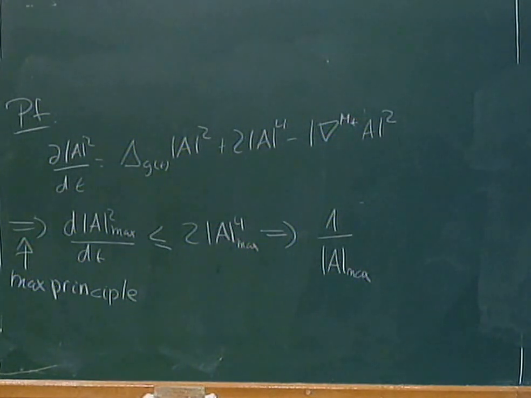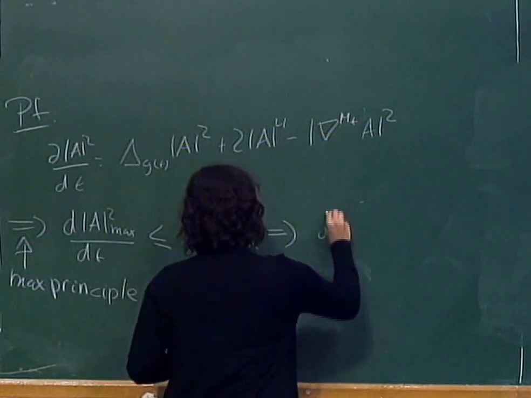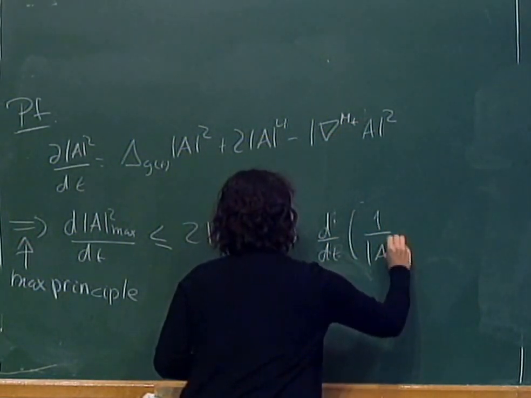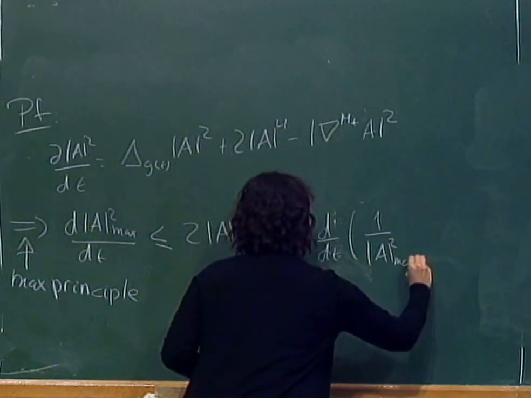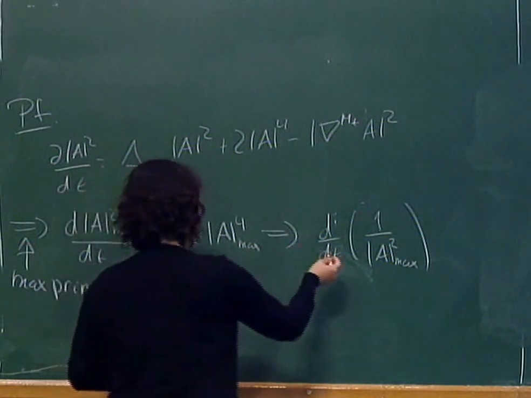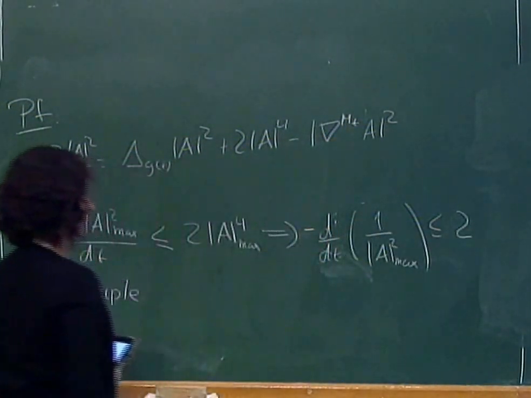I'm missing a square somewhere? Where am I missing the square? Okay, yeah, you're right, I'm missing a square. Yeah, I see what you mean. So dt of 1 over |A|² max, that's correct, right? It's less or equal than 2 with a minus sign. Yeah, that's good.